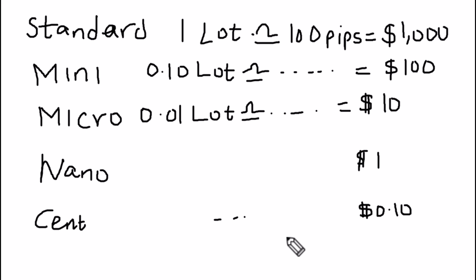Do you understand that point? If you have selected cent or nano, open another account. I do not mean you have to register another account. Log into your account and select new MetaTrader account and select standard lot size, or better, select professional account, zero spread account, or premium account.